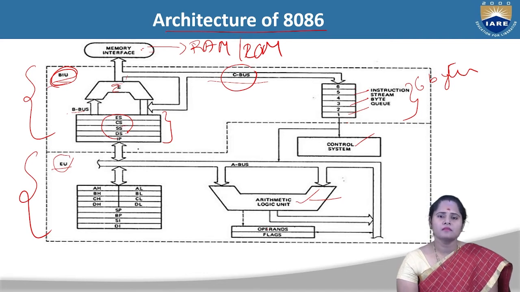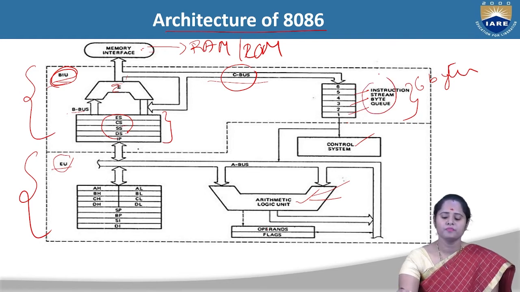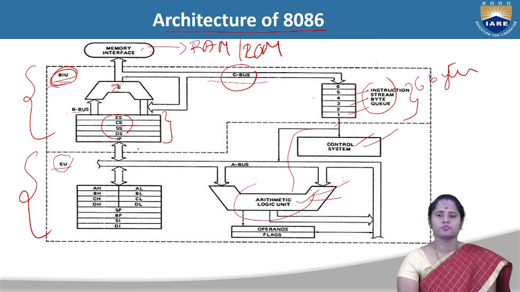So the basic thing present in an execution unit is an ALU, the arithmetic logical unit, which performs all the instructions given to it via the bus interface unit. The execution unit executes the instructions present in the instruction queue, the 6-byte queue. Each instruction is sent to the arithmetic logical unit via the control signal and executed, and you get the output.